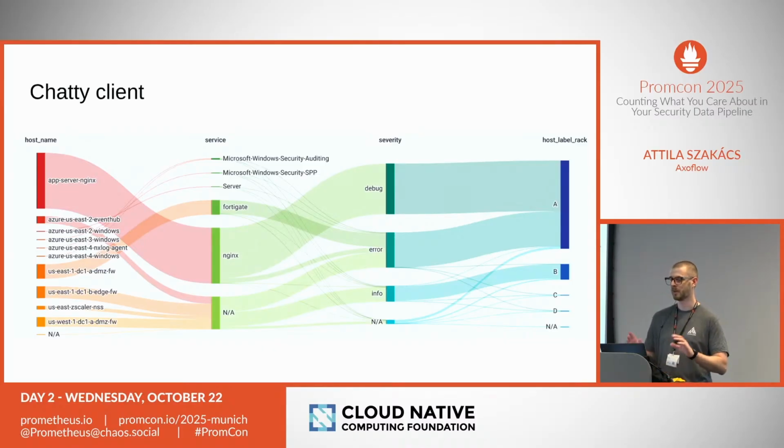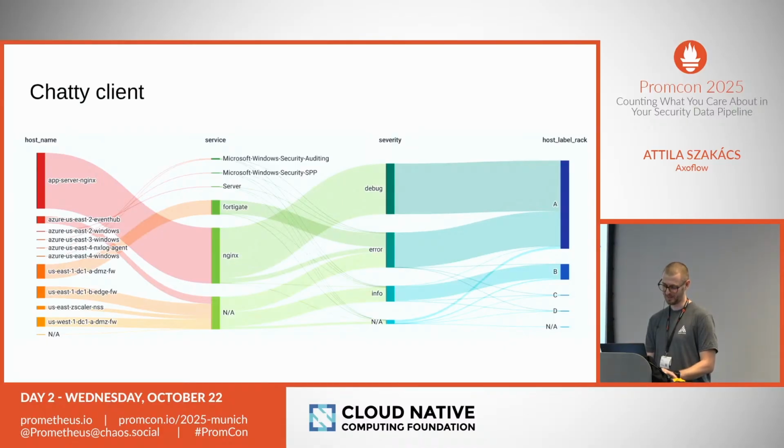So a small introduction of how we use the Sankey diagram. The full height of the parts show the full sum of this metric. And the height of each label's value shows how much the counters with that specific label value contributed to the sum. Yeah, I had to read that because I can't say that by myself.